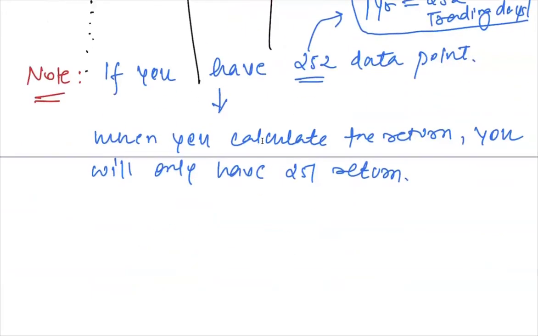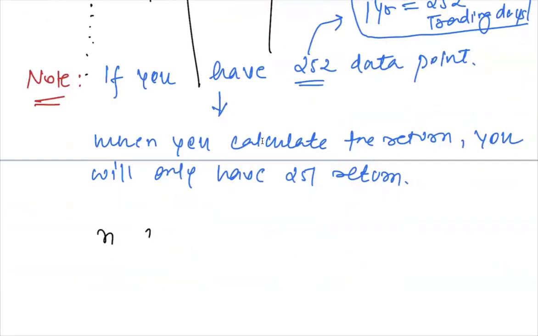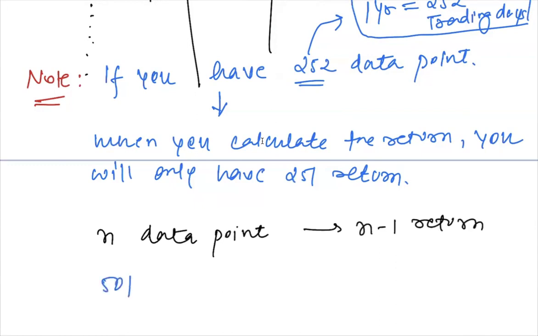So always remember that if you have n data points, you will always get n minus 1 returns. So let's say if you have 501 data points, you'll get 500 returns.